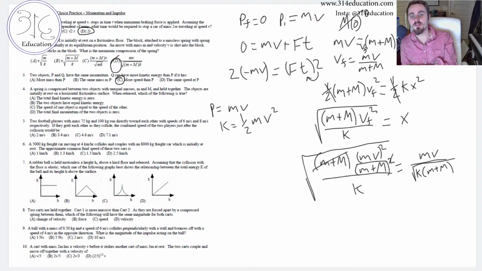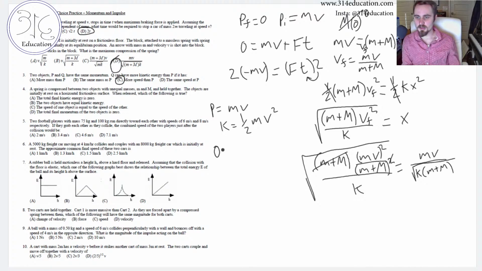4, we've got a spring compressed between two objects with unequal masses, little m and big M, and held together. The objects are initially at rest on a horizontal frictionless surface, and then when released, which of the following is true? So when we release these, both are going to push off of each other. Now we expect our net momentum to equal 0, but that's because they will have equal and opposite momentum, scaling to their mass.